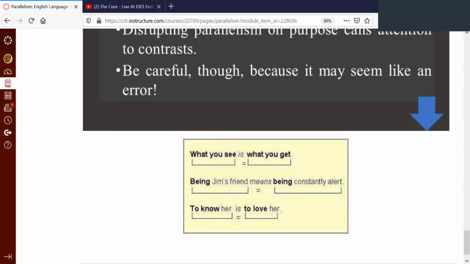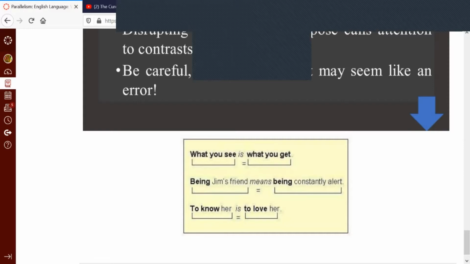Relative pronoun, personal pronoun, verb. And in the next section, it's a relative pronoun, personal pronoun, verb. As a matter of fact, in this example, you see the only word that changes is the verb. See, get. And so it calls attention to the two verbs because we know they're very different. So it calls attention to the contrast between see and get.